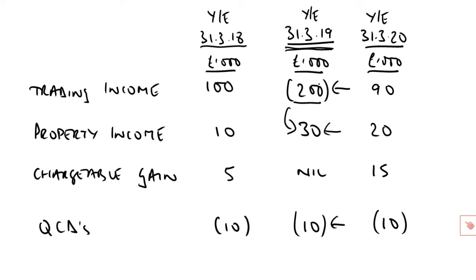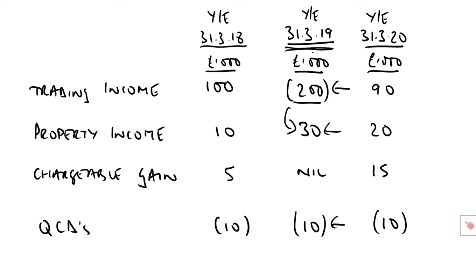In this question, therefore, this company with that loss of £200,000, let's assume that in the current period we're not able to group relieve it. Maybe because there are insufficient profits, maybe there are no profits available for group relief elsewhere within the group. On that basis, we choose to carry the loss forward.